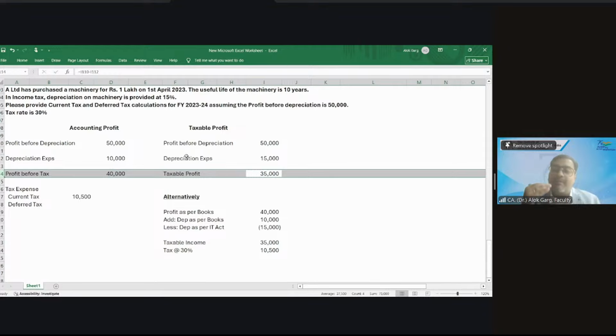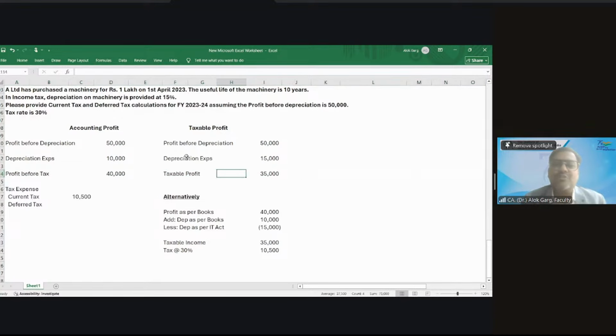At that point of time, my tax is more than my tax in the initial years, so my taxable profit is higher than the accounting profit with respect to depreciation. So in this case, what is my accounting entry? My accounting entry will be deferred tax expense account debit to deferred tax liability. What will you create?